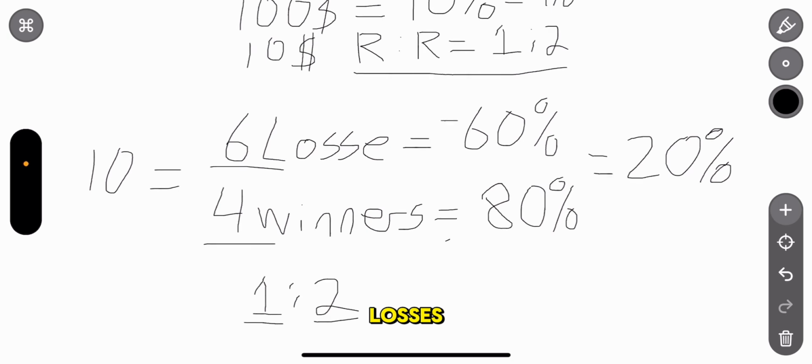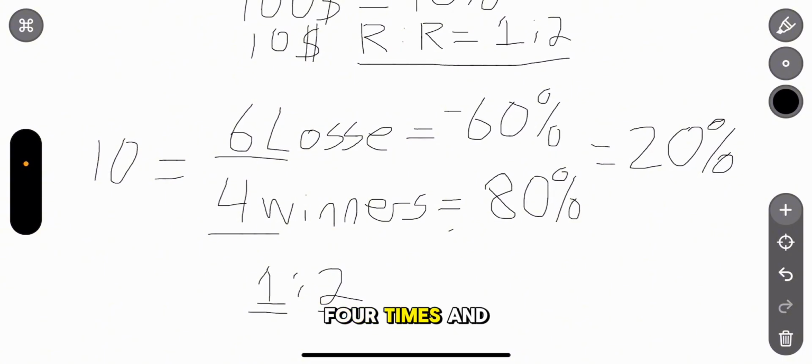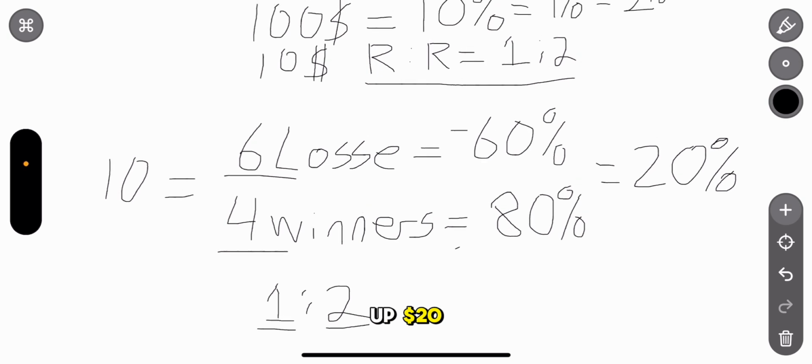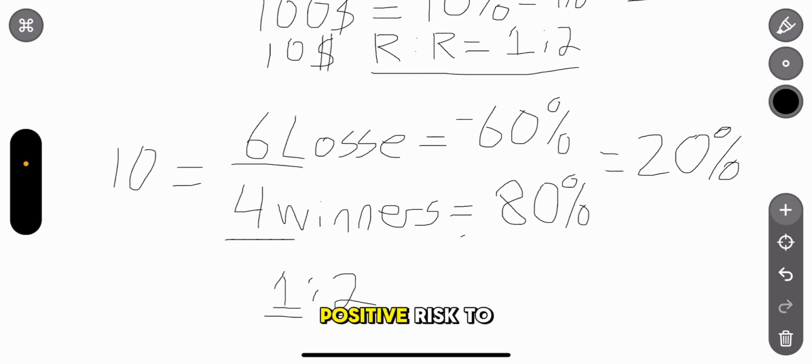Even though I took 6 losses, I'm still up $20. I'm still up $20 even though I took 6 losses and only won four times. And why am I up $20? Because of my risk management and my positive risk to reward.